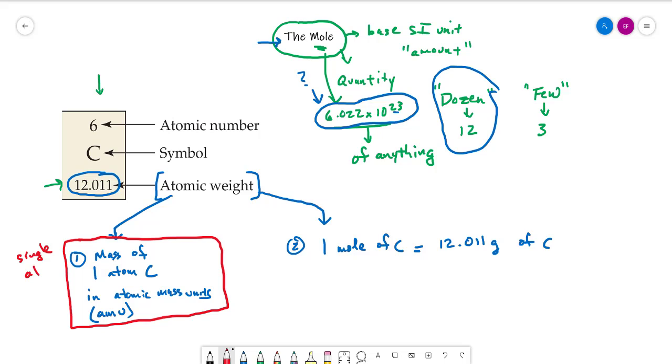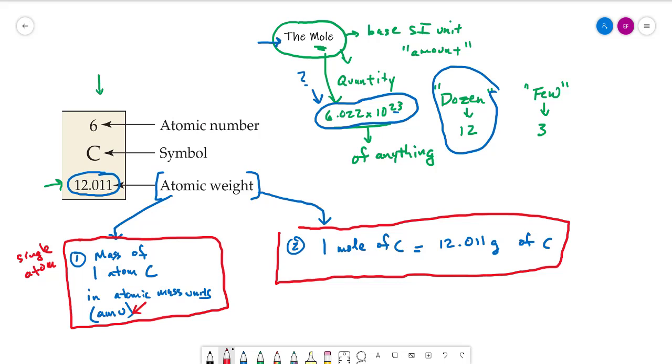So when we're thinking about just the single atom at a time, we can think about it in really, really tiny atomic mass units. These are really, really small units. Or what's more often the case is we're not thinking about individual atoms. If we're working in a lab and we want to think about the actual stuff in front of us, we're not talking about a single atom, we're talking about trillions and trillions and trillions of them. We're talking about 12 grams.